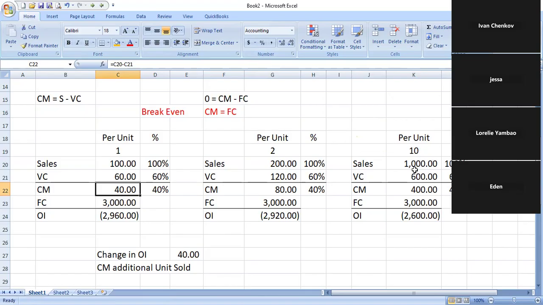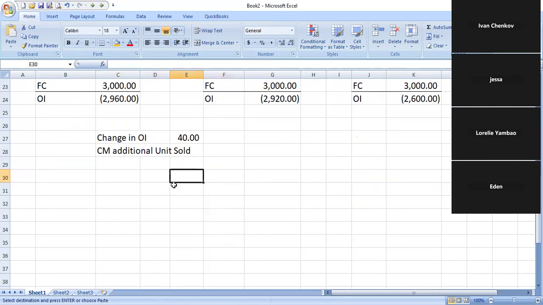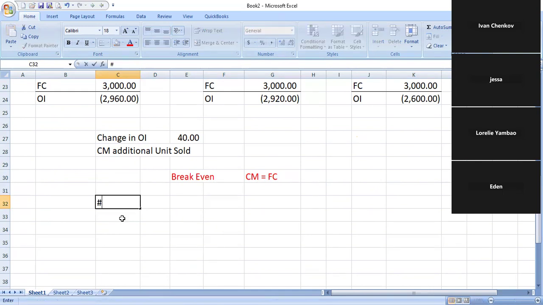So now, once we know the first objective is to get the company to the break even, in order to get the break even, we need to find 2 numbers. What will be the number of units that we need to sell?